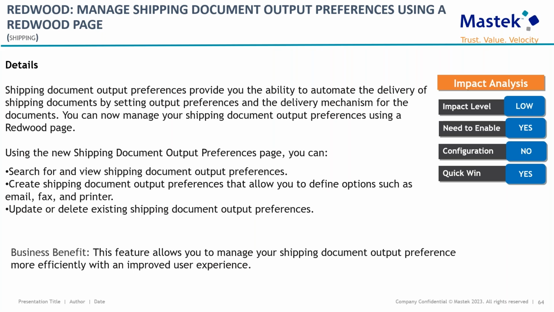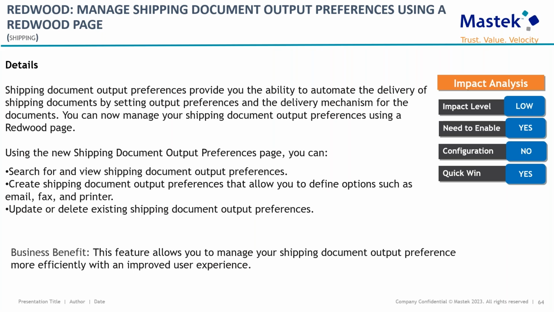From this modern interface, users can configure whether documents should be sent via email, fax, or printed, and even attach them to the shipments automatically. You have the flexibility to define preferences at different levels: by job, by users, by roles, organizations, or even subinventories. Whether it's at the job set level or at the individual job level, everything can be managed in one place with a more streamlined user experience now.